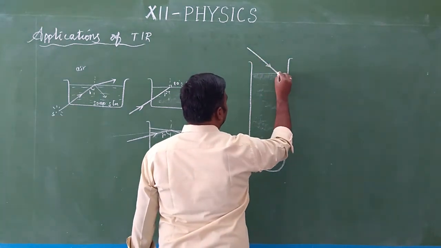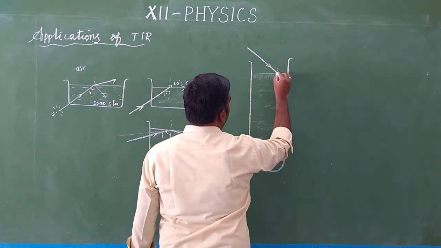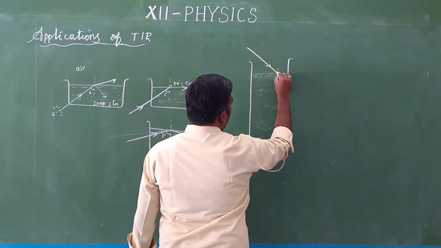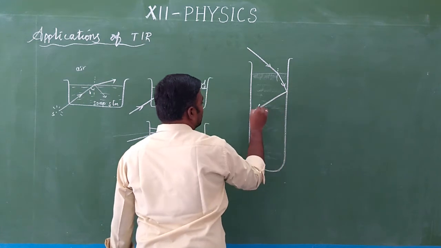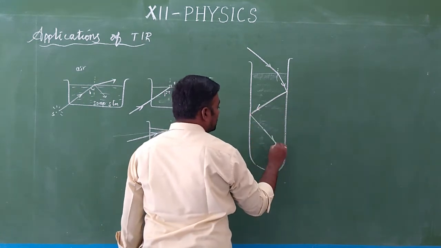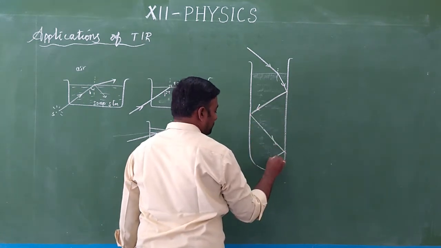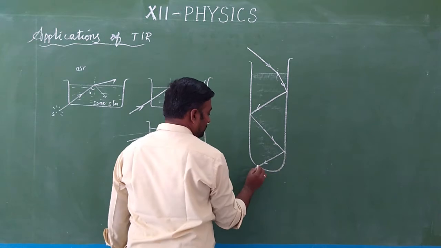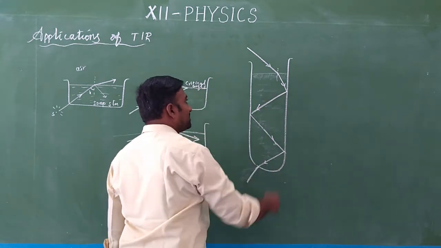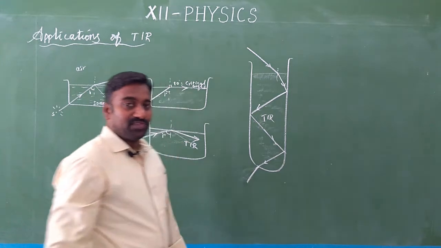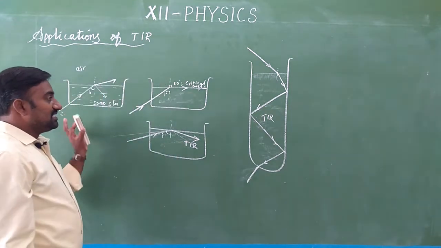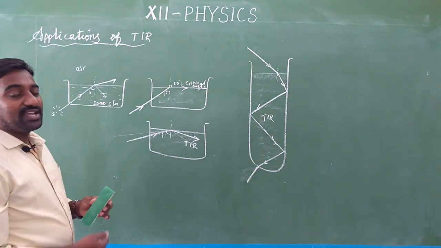Rarer to denser, it bends towards the normal. Again from the surface, an internal reflection takes place. Okay, so very easily we can see the internal reflection in this medium. So this is a simple way to identify internal reflection.